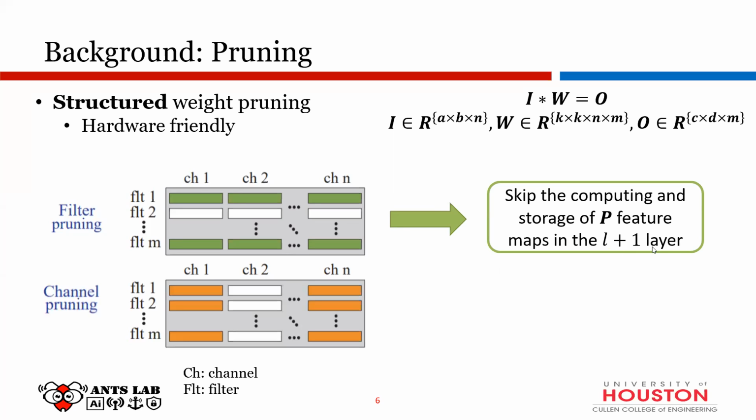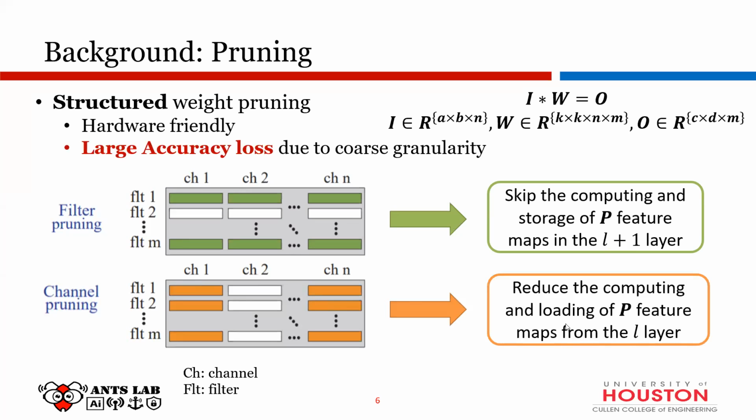This is the output feature map. And for channel pruning, we can reduce the computing and the data loading for the input feature map if we prune the P number of channels. But with this kind of coarse pruning, we can cause a large accuracy loss.